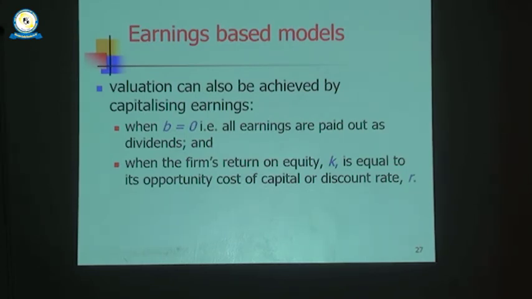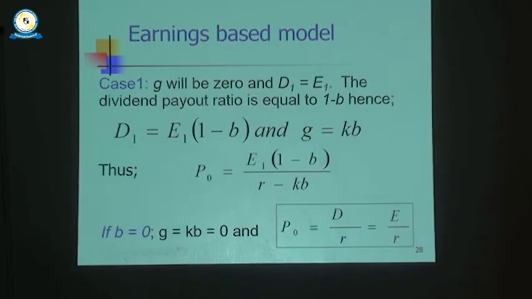Here we are given B. There are two values which we are supposed to know: B and 1 minus B. We have the dividend payment ratio, or we call it dividend payout.